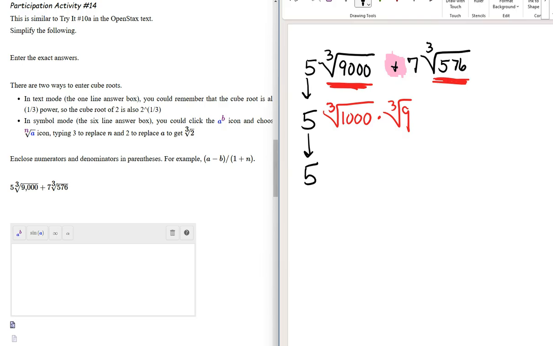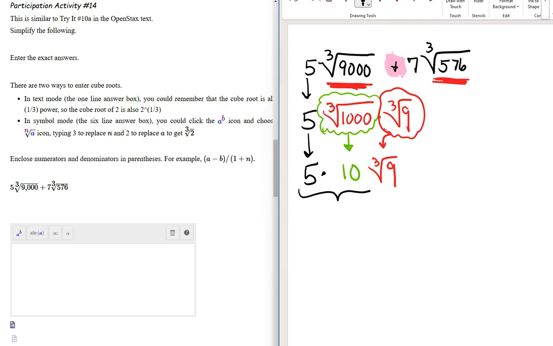That's 5 times, when I take the cube root of 1,000, it's 10. And I can't take the cube root of 9, so I have to leave him as the cube root of 9. But the 5 times the 10 makes this 50 times the cube root of 9.